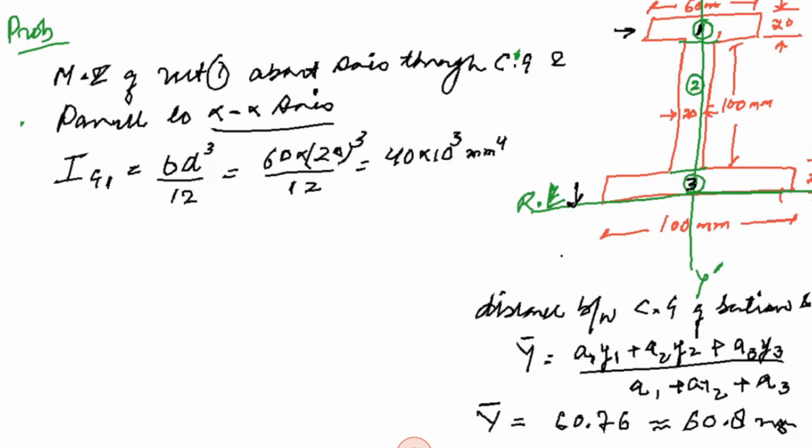Now, as we have already calculated the distance between the center of gravity and the bottom face, it is 60.8. Therefore, y bar here is equal to 60.8. Sorry, it is y bar, not y1.